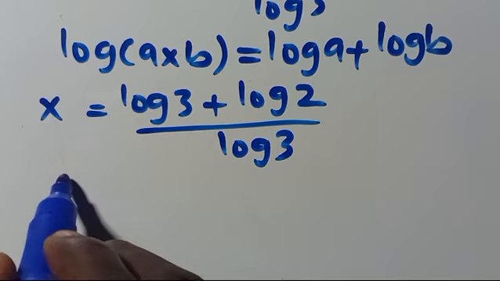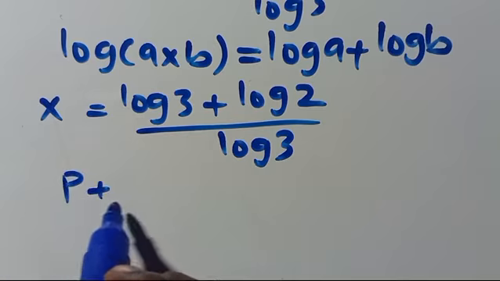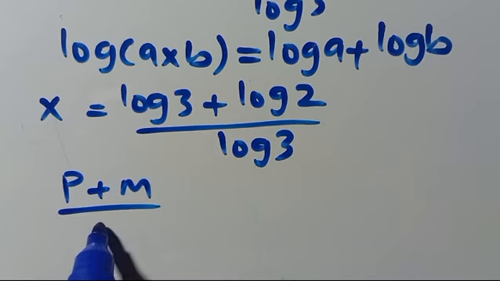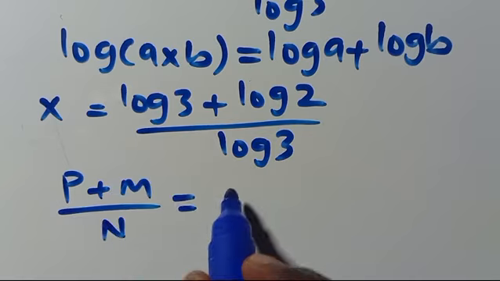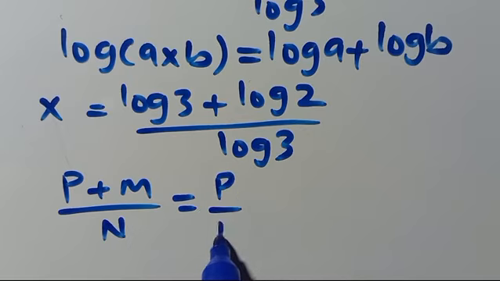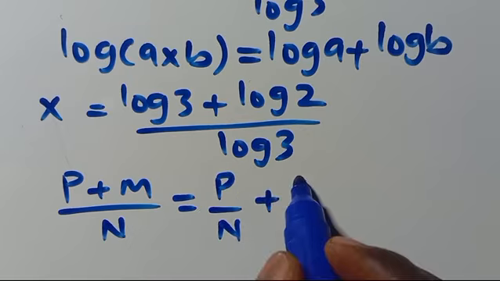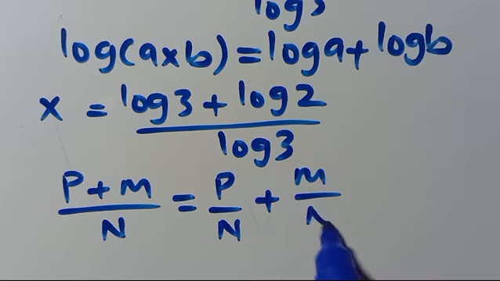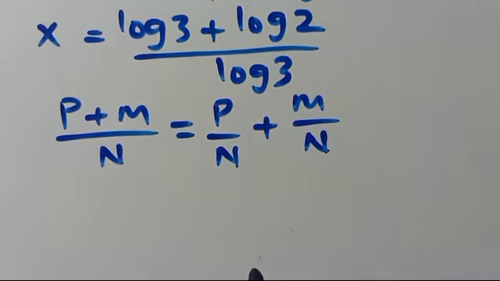Then when we have a parameter p plus m over n, this equals p over n plus m over n.